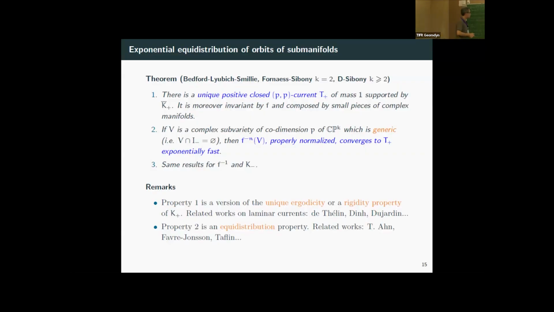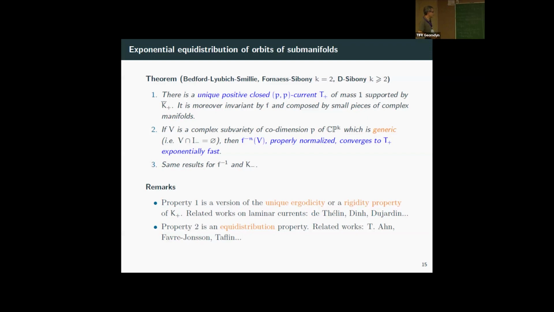Next statement. If you take a complex subvariety V of codimension p, which is generic in a very precise sense, if you assume that the intersection of V with I minus is empty, so most of them satisfy this condition, you take a subvariety like that and you pull back by F^n. You have to normalize this properly, because the degree increases, the volume increases.